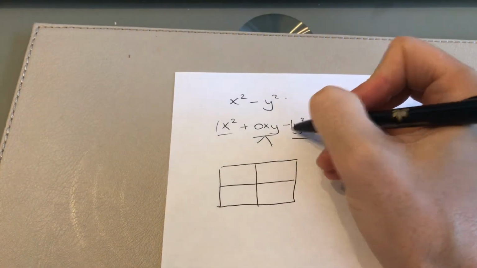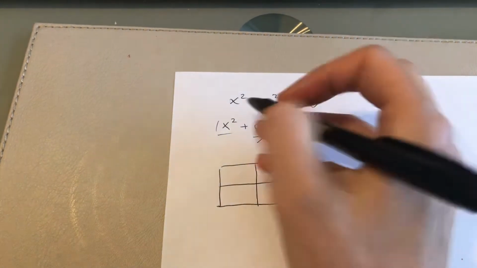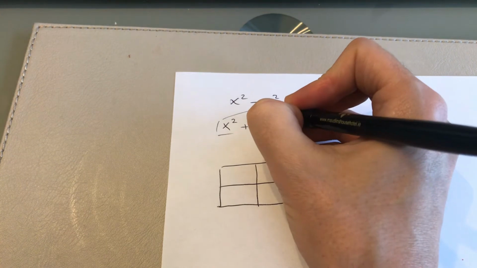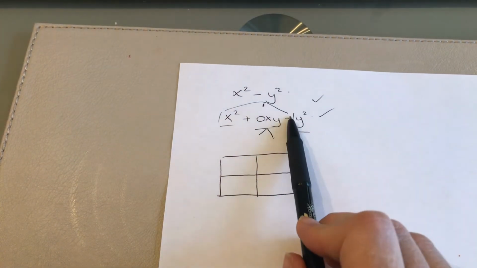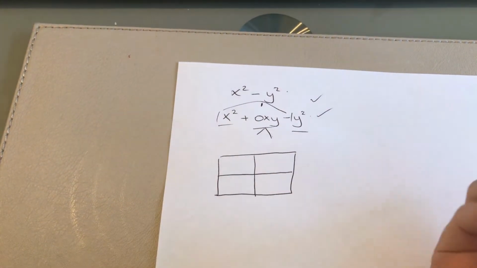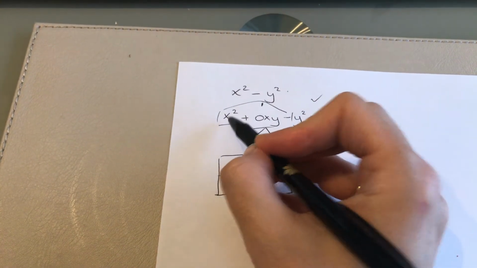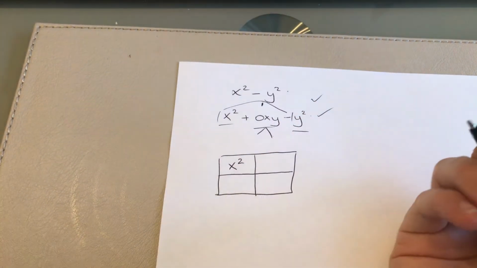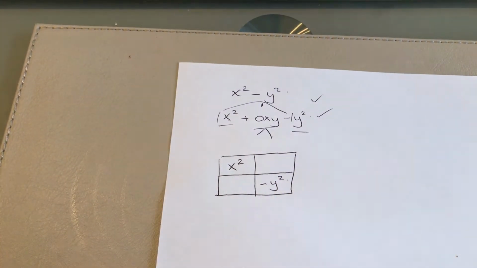So what are the coefficients here? We have 1 and 1. So 1 by 1 is 1. What are the factors of 1 that subtract to give me 0? Well, that's a 1 and a 1. So my x squared is going in here like any trinomial would. My minus y squared is going in here like any trinomial would.